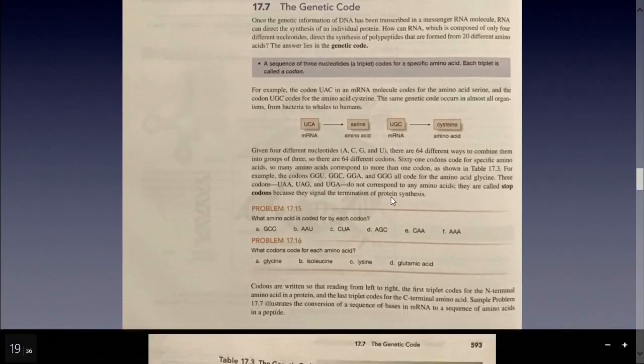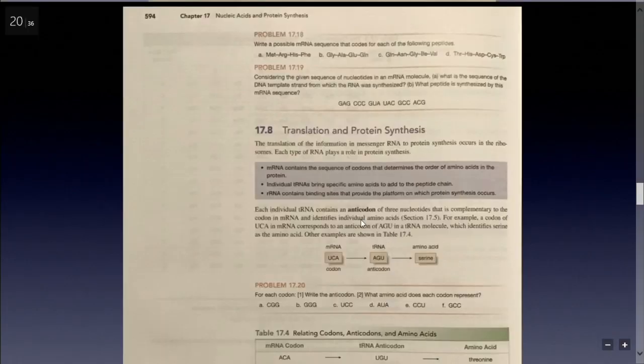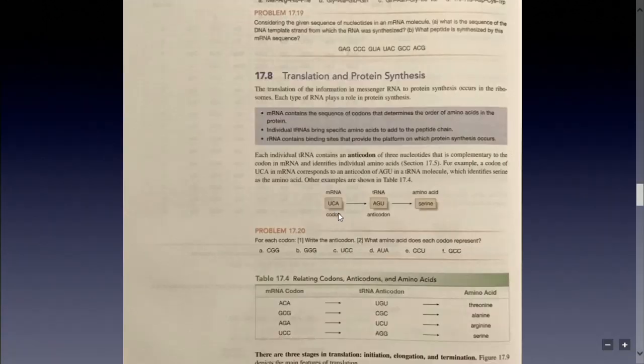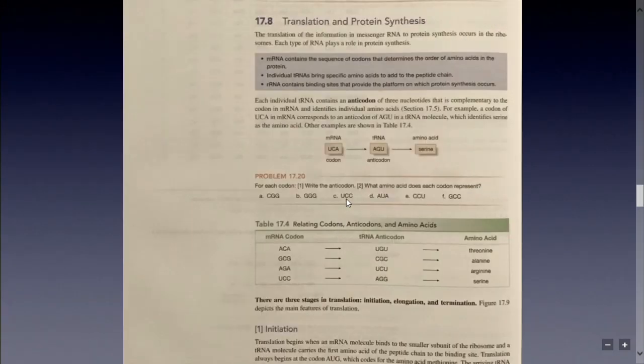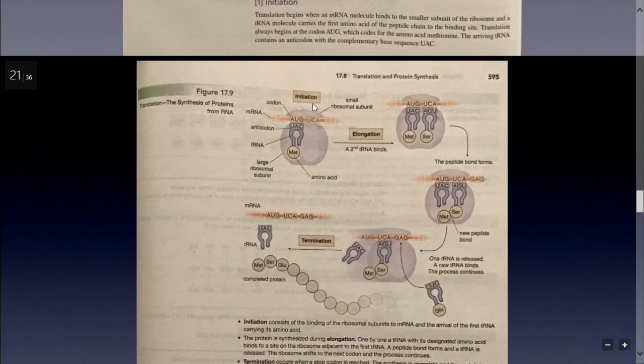The next lesson will be about genetic code, how that works. And then the next lesson after that will be about translation. So how do we use genetic code to look at the mRNA and turn that into an amino acid? It's just a simple decoding system, that's it. But we'll also look at how this happens in 3D, or we'll watch some animations too to really see it happen.